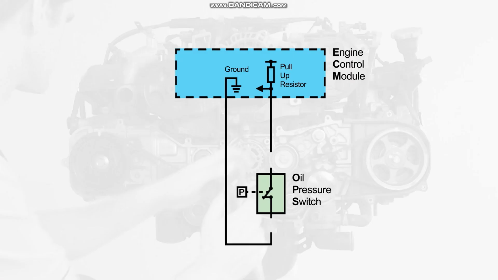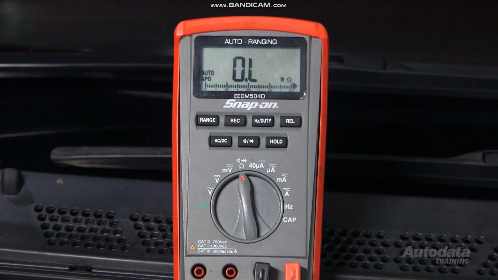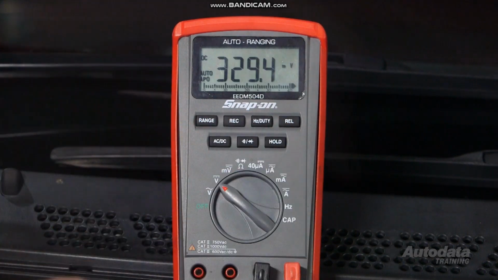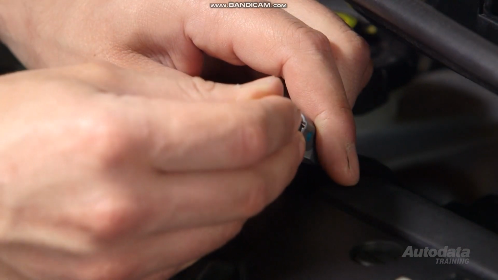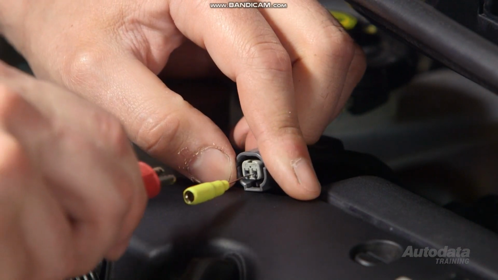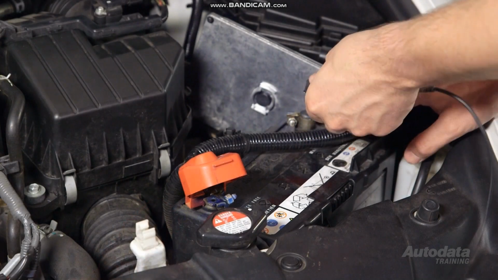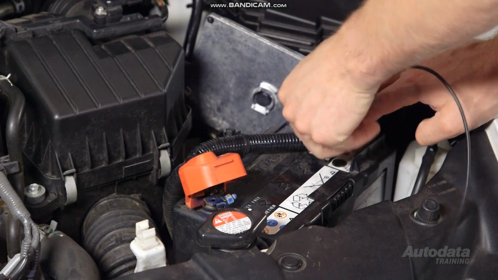Now that I've covered the low reference line, we can move on and test the 5 volt signal line to the ECM. With the ignition on, the reading should be between 4.8 to 5.2 volts. Set the multimeter to volts DC. Connect the positive lead to the signal line on the harness connector and the other lead to battery negative.